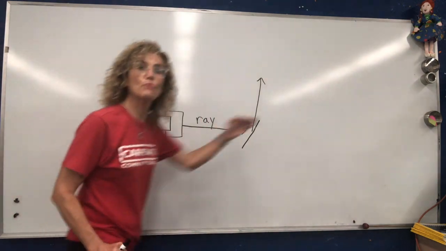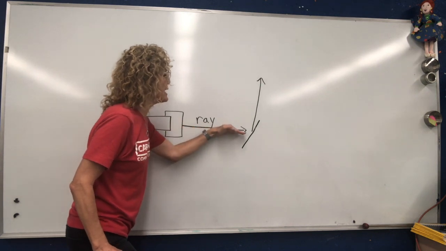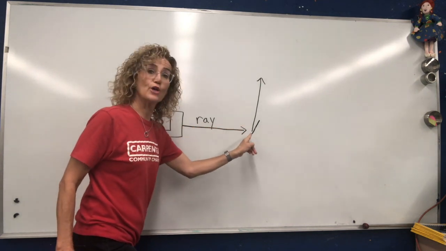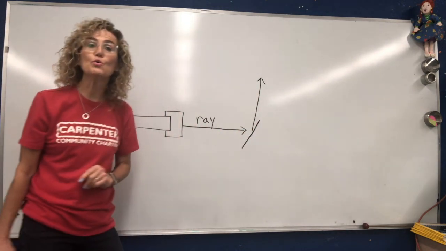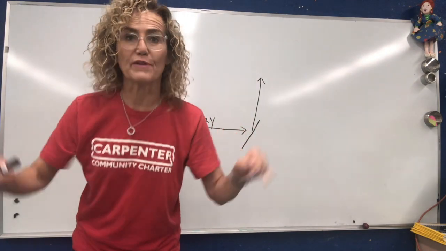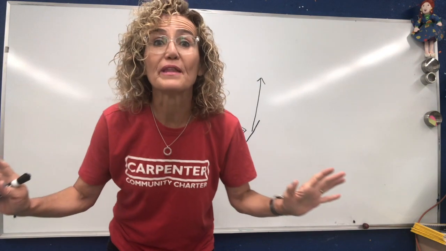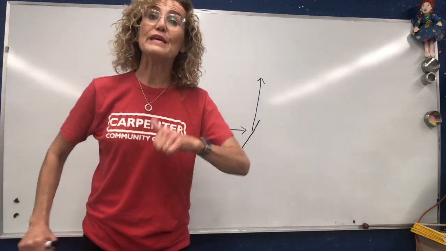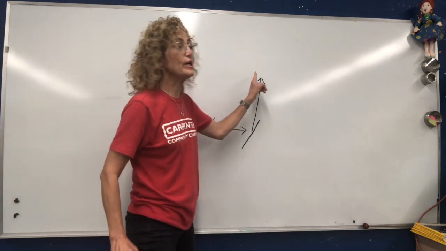It bounces. So the light goes in a straight line, it bounces off the mirror and turns into a new direction. Now we say that this bouncing, we have a special science word. It's called reflecting. We can reflect the light and have it turn into a new direction.